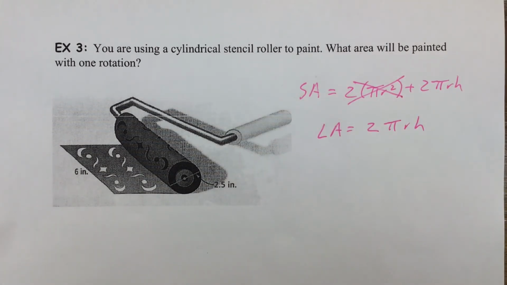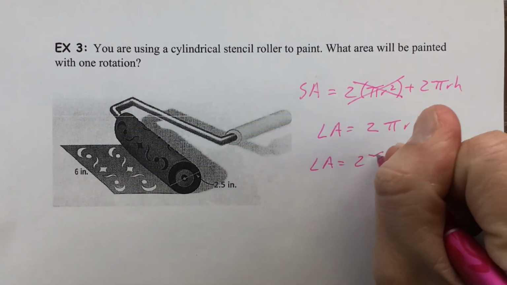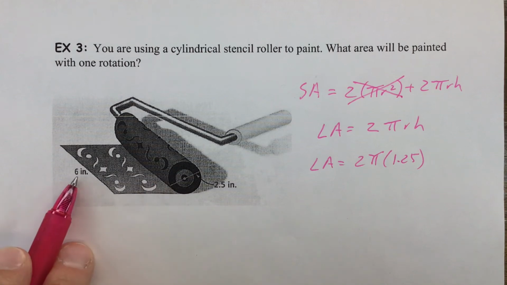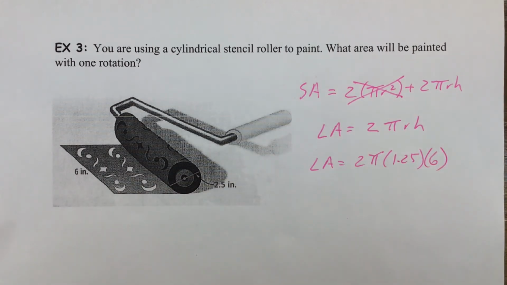The radius is actually going to be half of the 2.5 inches. That is going to refer to the diameter here. Okay, so the radius is half of 2.5, which is 1.25. The height is the length of the roller that we have here, which is 6. And if we calculate that, we'll answer the question.